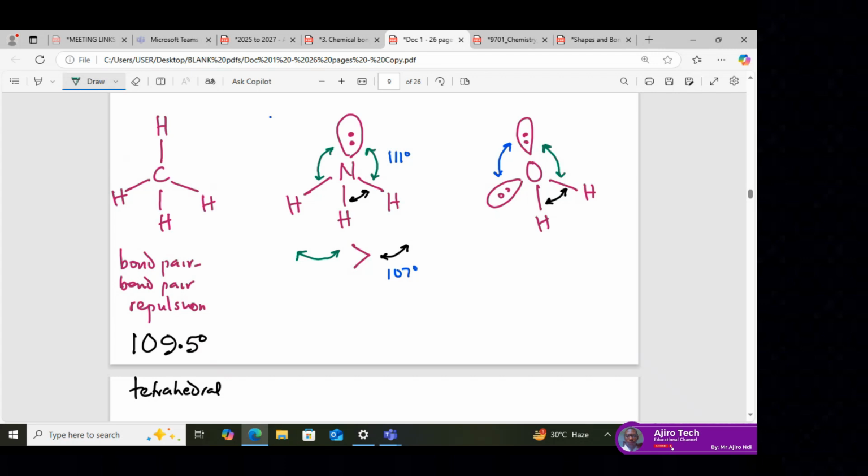Therefore, coming from methane to ammonia, the bond pairs are pushed closer to each other, so the angle between them will decrease. Do you get it? Is that okay? When that comes together, it's stronger. This one has what? Lone pair, bond pair repulsion in addition to what?